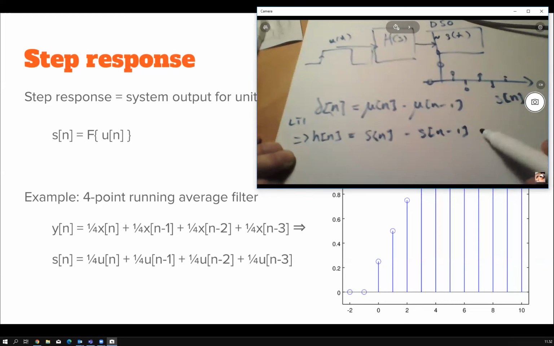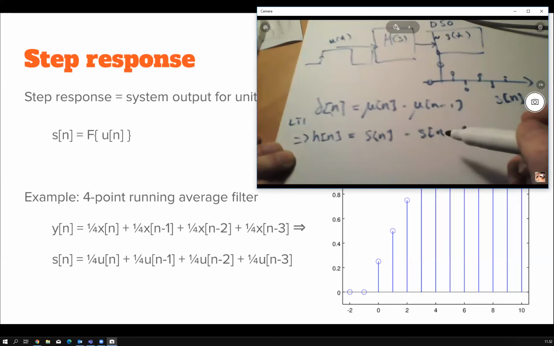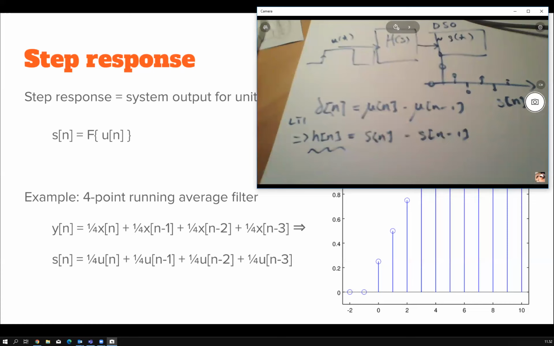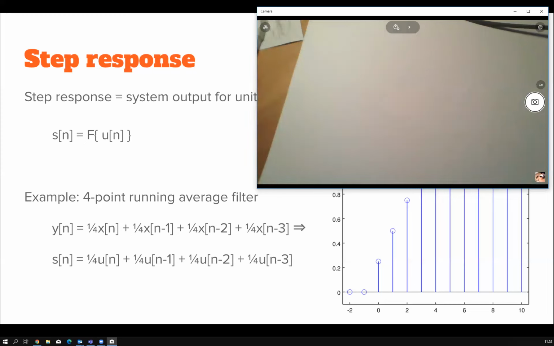So practically, you just take the first order difference, which is also a derivative in one sense, and you have the impulse response measured from a real system. And this impulse response can then be used for characterization of the system.